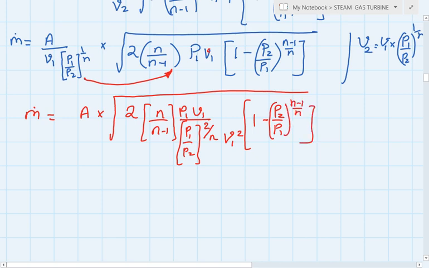Okay. So further continuing, A into square root of n divided by n minus 1.